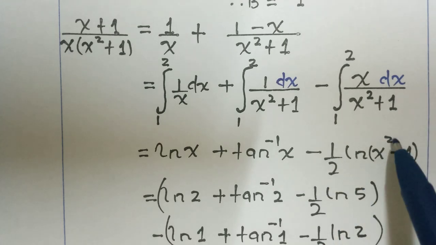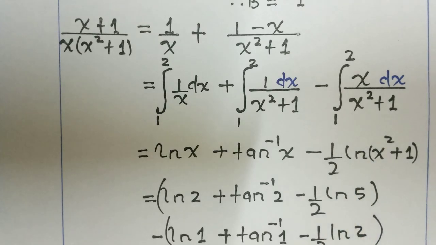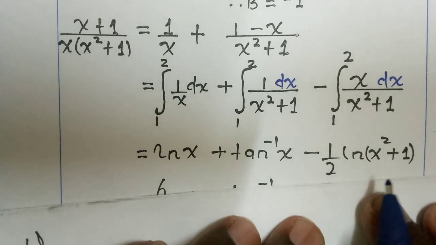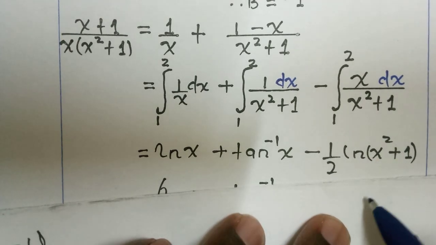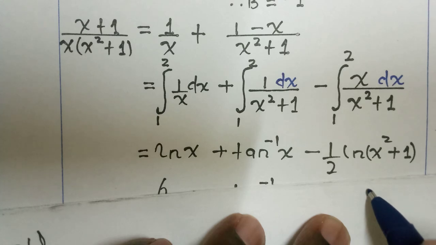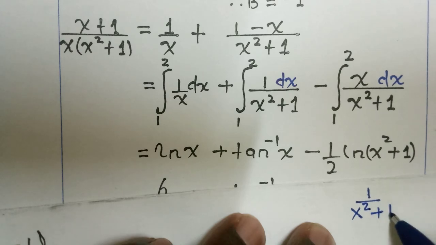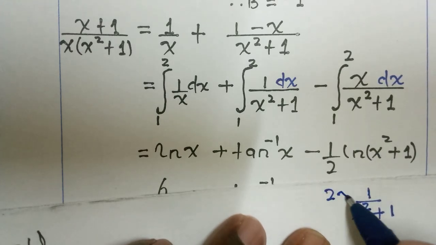Let me just show you an example here. Let's say I'm differentiating this, that is ln x squared plus 1. This will be 1 all over x squared plus 1, and then differentiating the inside, you get 2x.